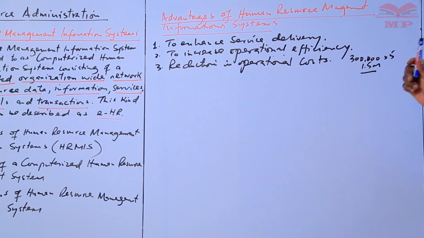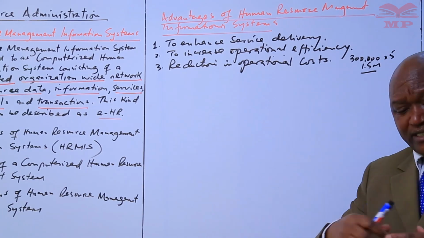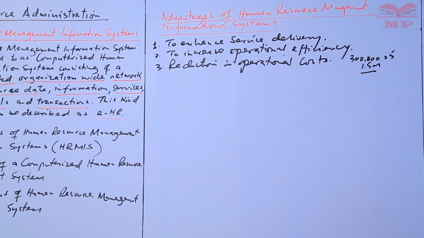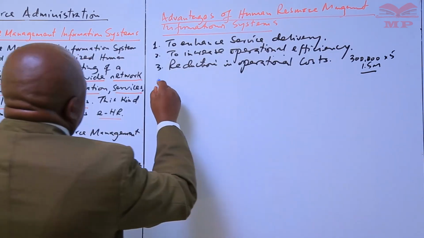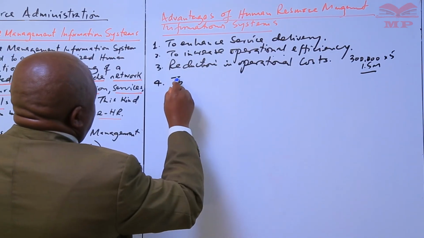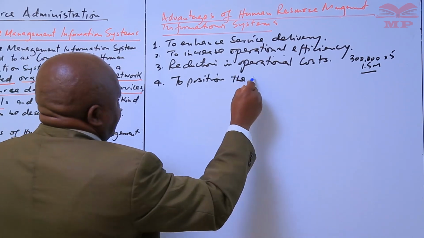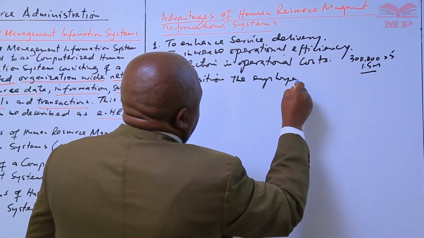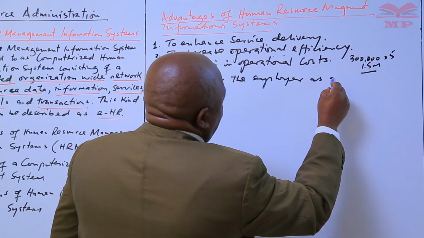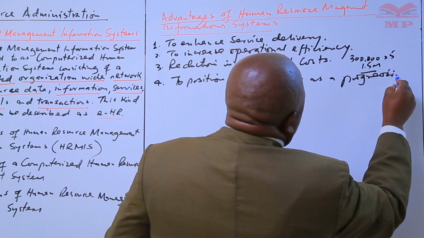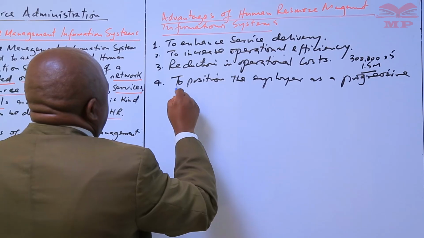So this is how an organization can reduce its operational cost by using this particular human resource management information system. Then the fourth thing, to be able to position the employer as a progressive brand.